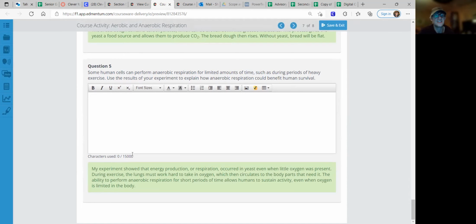During exercise, the lungs must be working hard to take in oxygen. And then that oxygen is circulated to the body parts that are needing more oxygen. The ability to perform anaerobic respiration for short periods of time allows humans to sustain activity, even when oxygen is limited in the body.